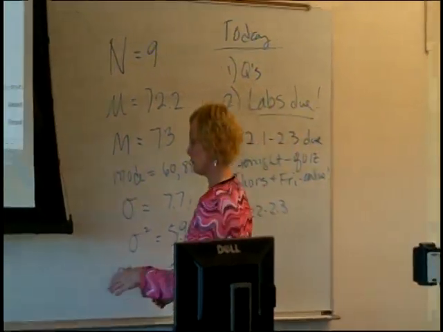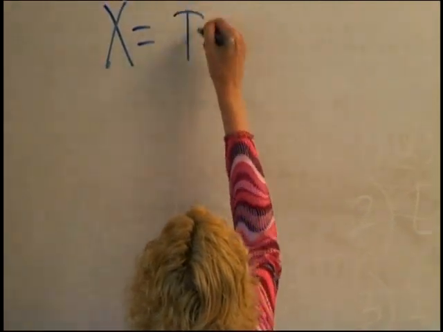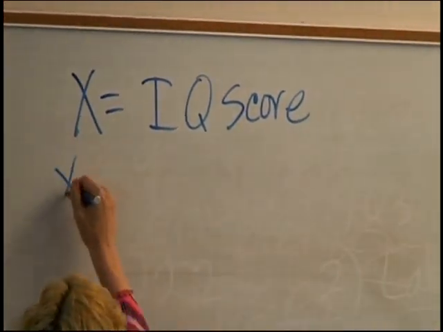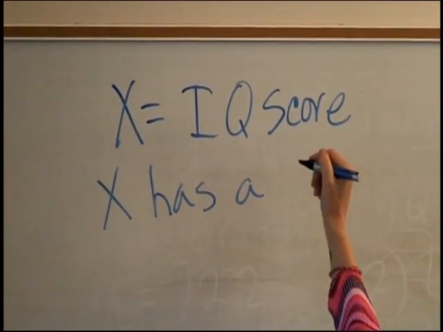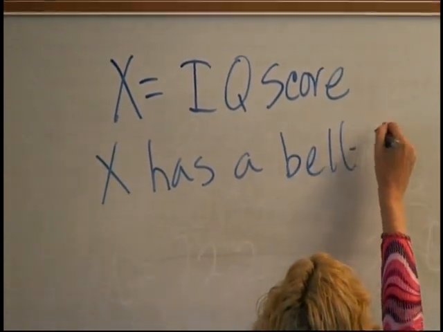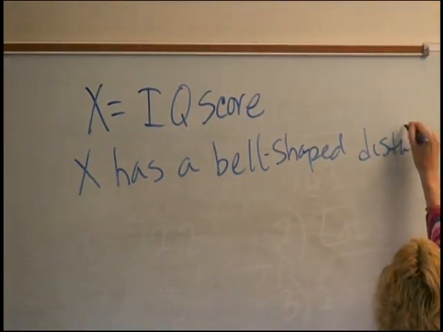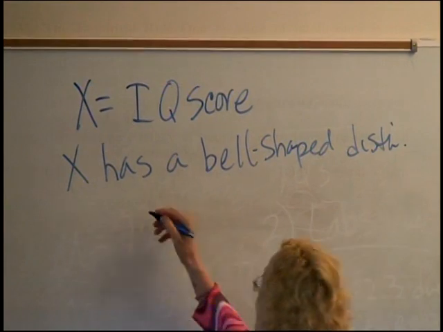Okay? So now our variable X is an IQ score, and it has a bell-shaped distribution. Okay, so right there the empirical rule applies, all right?